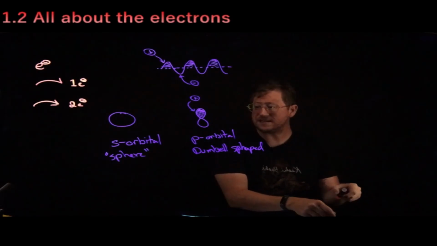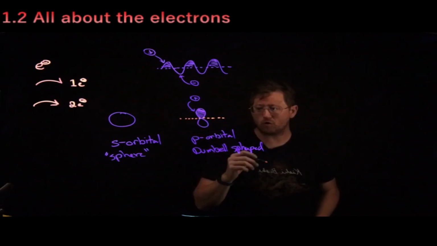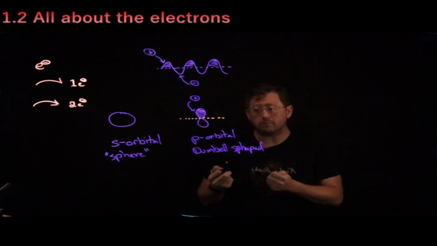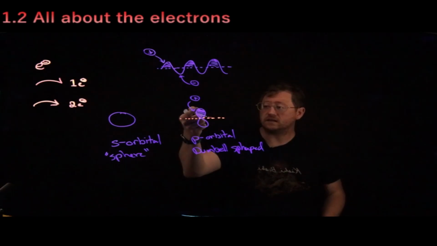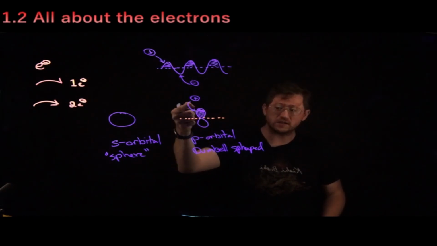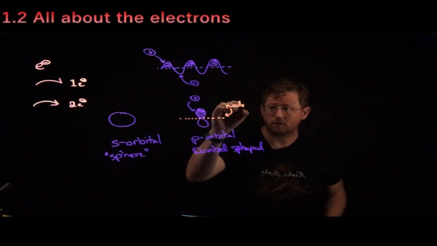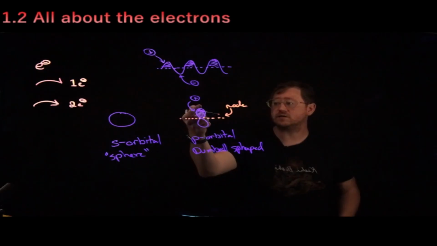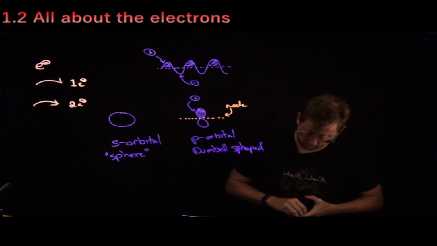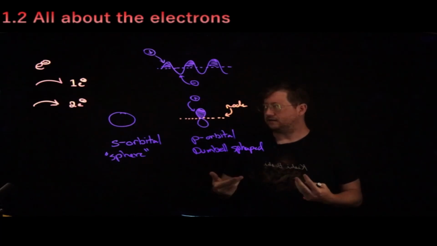And what happens in the middle between these 2 orbitals is an area where there is very little probability for the wave of the electron to transfer to the other side. We're going to refer to this as a node. And that node basically says all the positive is on one side, all of the negative is on the other. And so there is no electron density in that line.